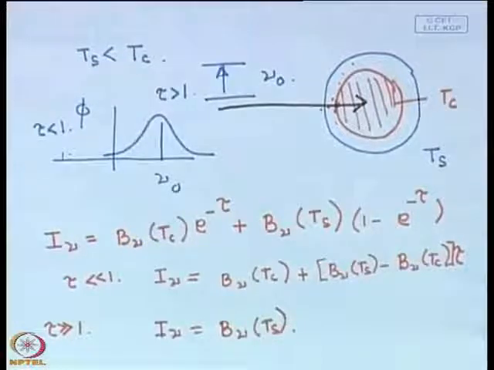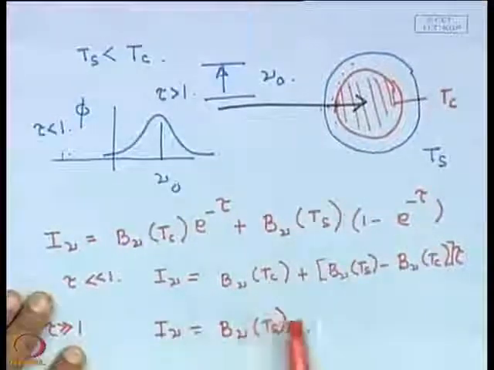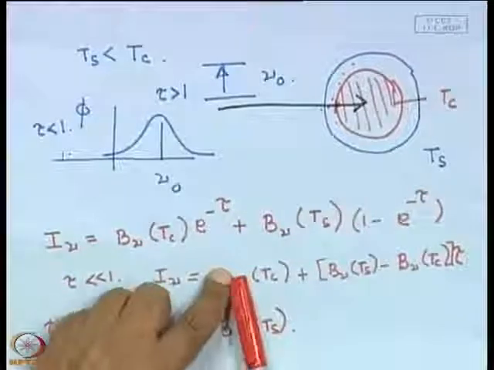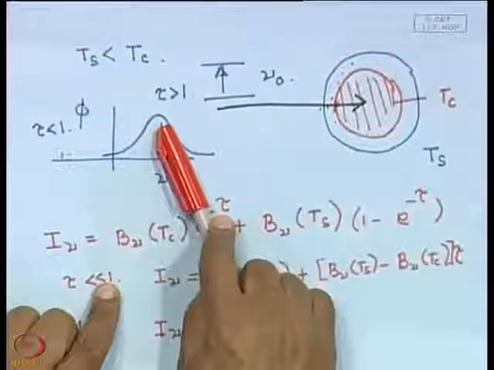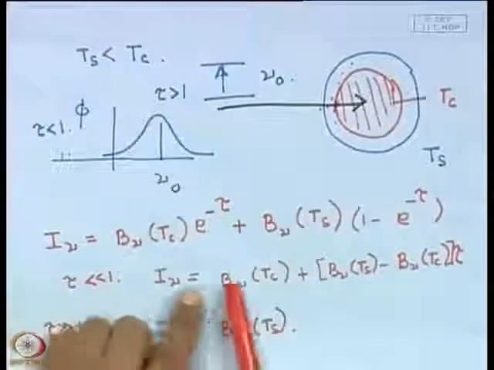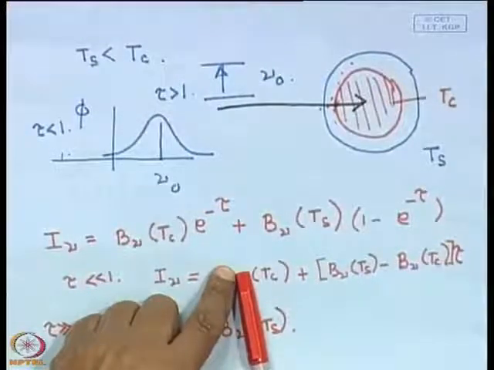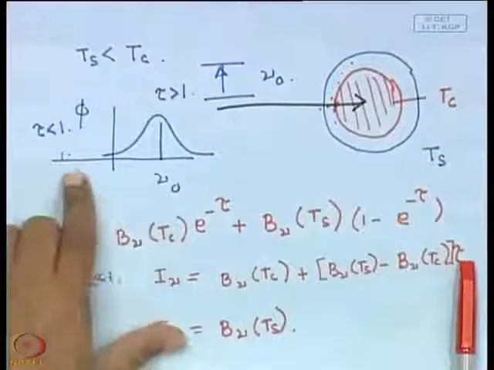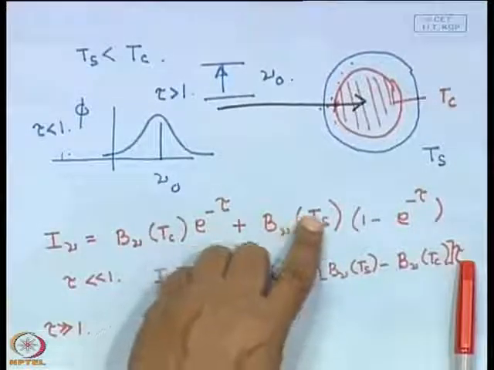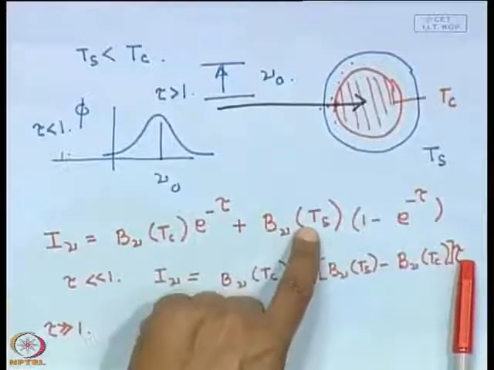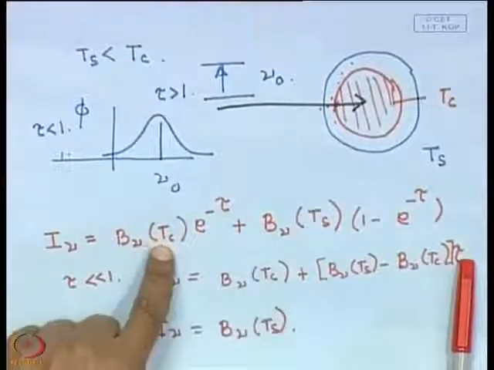Okay, and if you have the intermediate region, it will slowly go from this value to this value. As you approach this frequency, the specific intensity will slowly go from this value, where tau is very small, so I have this. As you approach larger and larger tau, it will slowly go over to this value, and then again it will come back to this value.